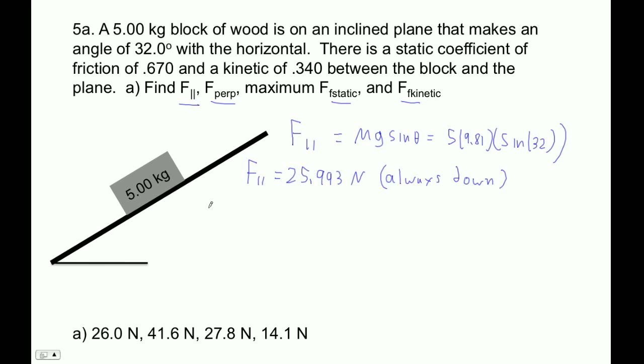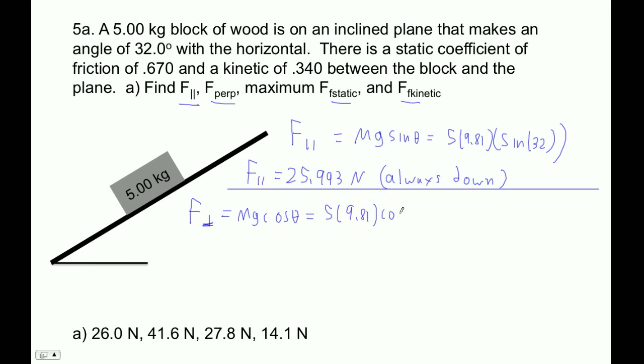Now let's figure out the perpendicular component of gravity. That'll be our next thing. Force perpendicular is just mg cos theta, so that's 5 times 9.81 times cos 32. This one really isn't a player in F equals ma, but it's going to give rise to friction, so we've got to calculate it.